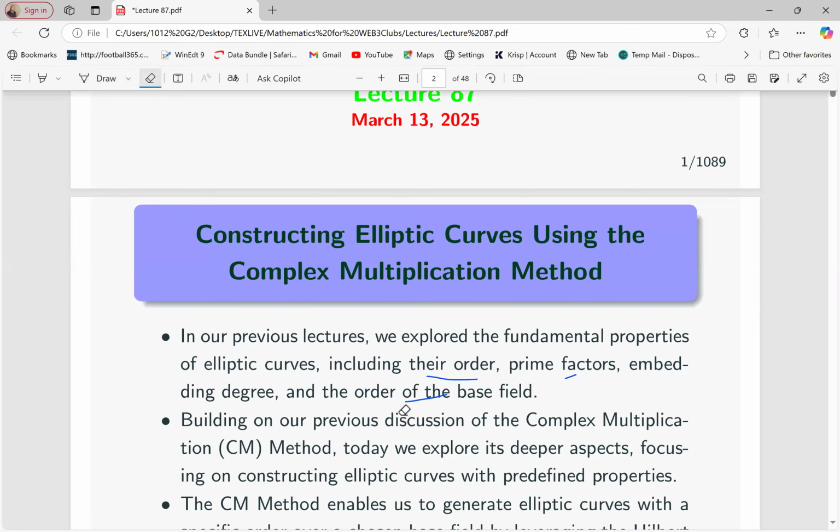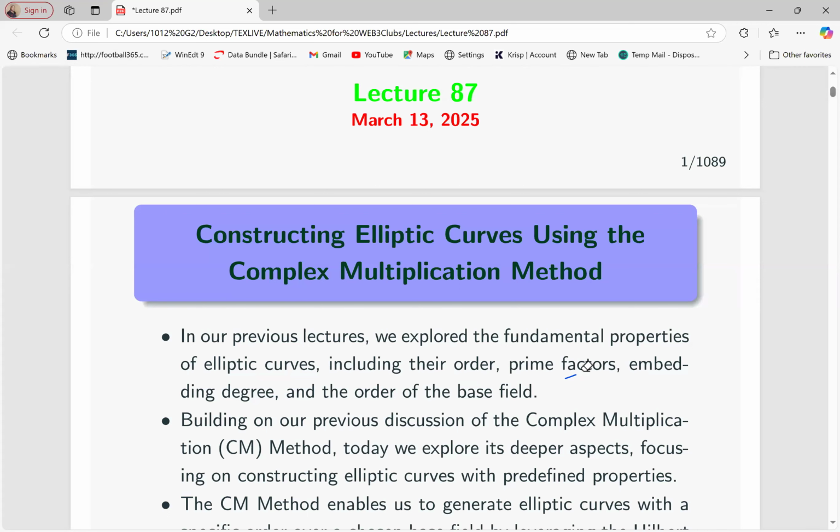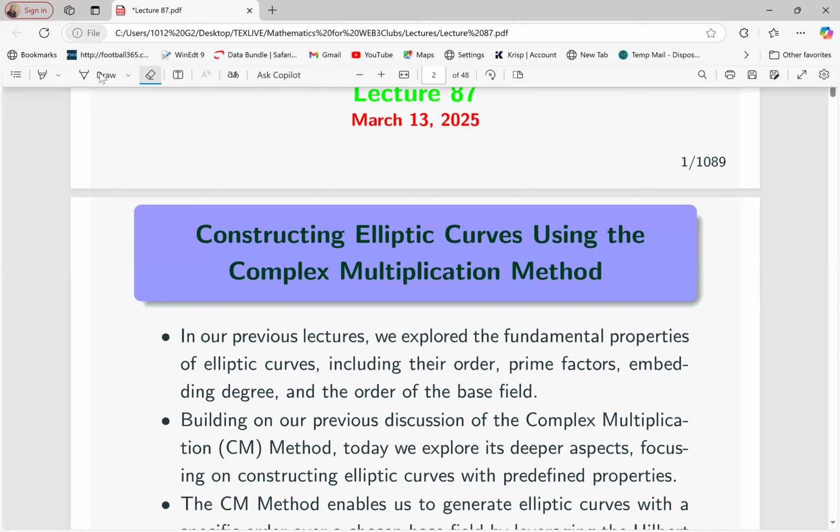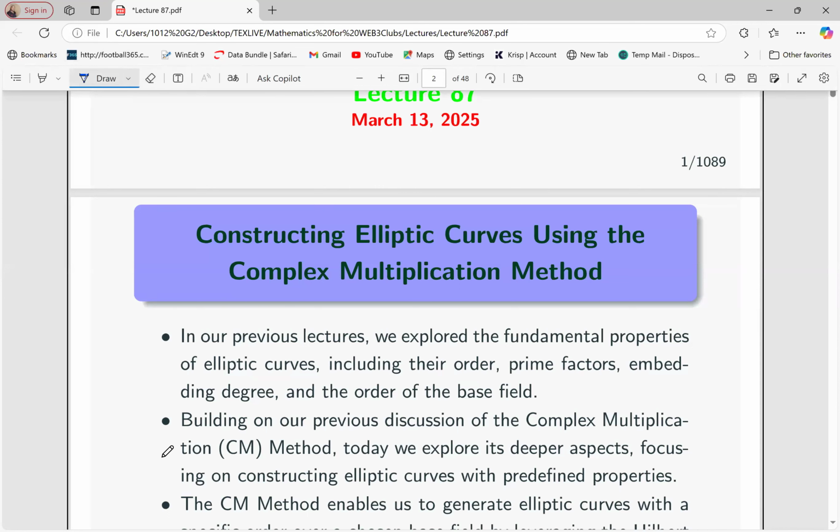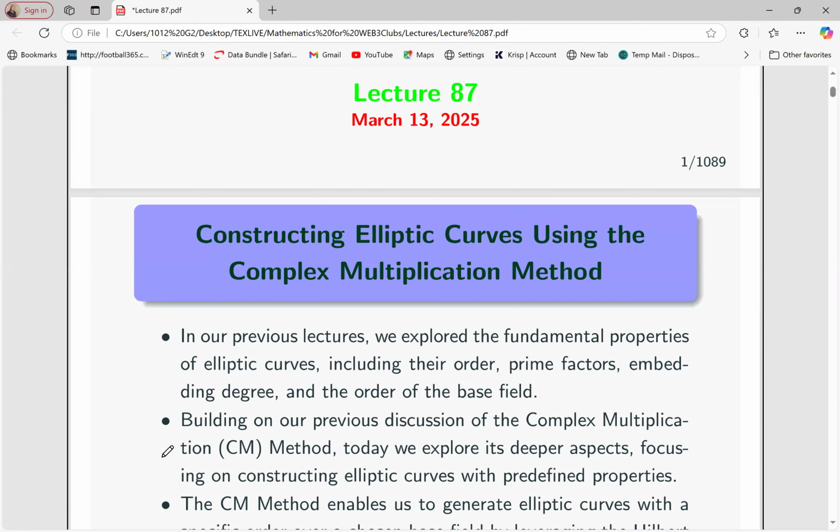So these are the properties that we consider when we are constructing an elliptic curve. To construct elliptic curves, just to recap what we did, one, you have to identify the field in which you want your elliptic curve to be.